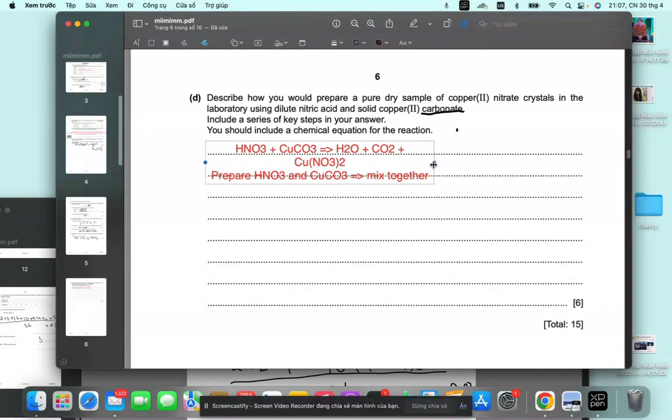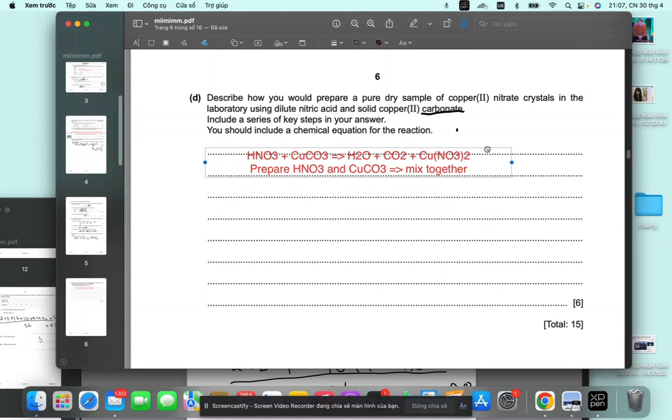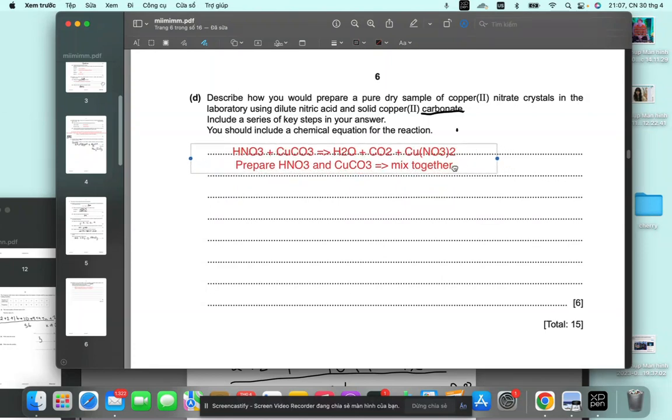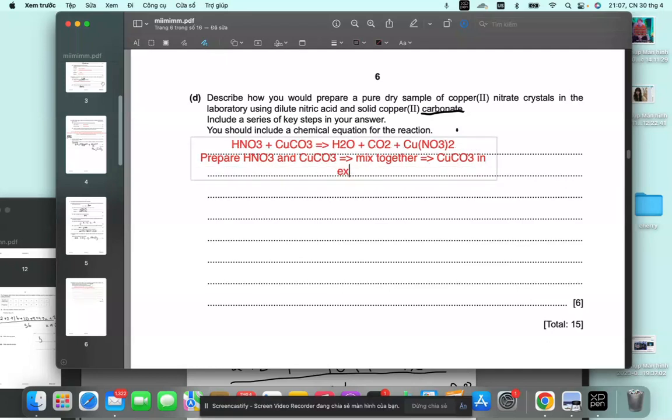But we also have to keep in mind that we put copper carbonate in excess to make sure all the nitric acid has reacted.